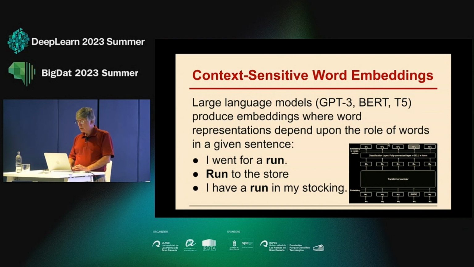But the vectors here mean something about how that word appeared in context. So the representation for each word depends upon what it means in context.